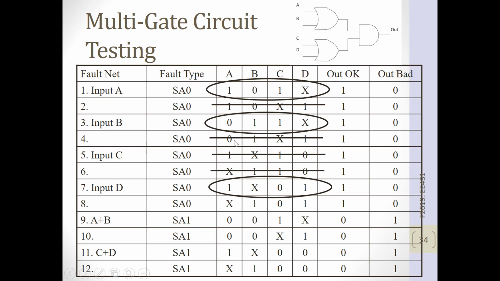But if we decide on doing this test, we don't need to do test number 4 because that's the same test that we've decided the circle here says we've decided to do. Okay, and then C got crossed out because it's covered by 1010. So this test is already being done. If it's already being done, then you don't need its duplicate.